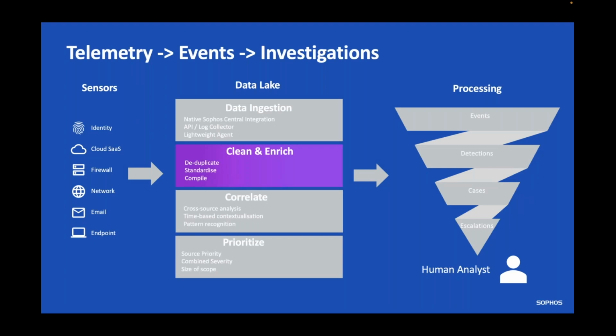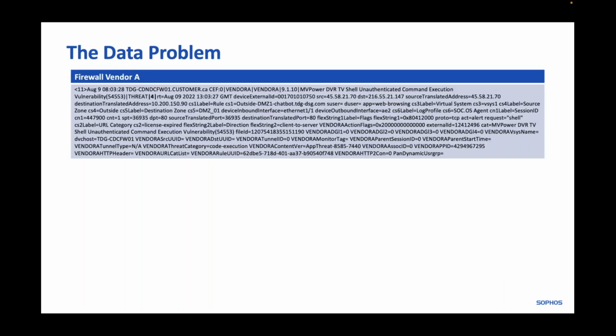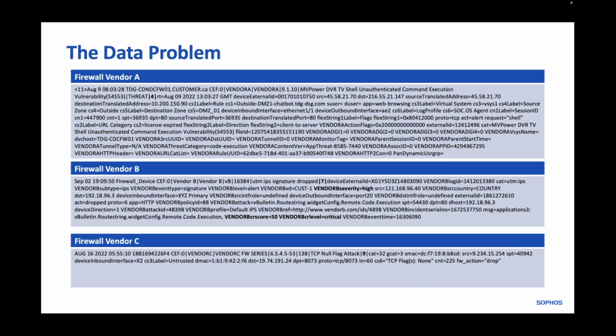And the first is really when we start to standardize our log data. So if you've never seen a firewall log before, then today is your lucky day. So these are 3 different firewall vendors, and this is exactly the same IPS alert for all 3 vendors. And you'll see here, first of all, that the only standard in cybersecurity is that there are no standards.